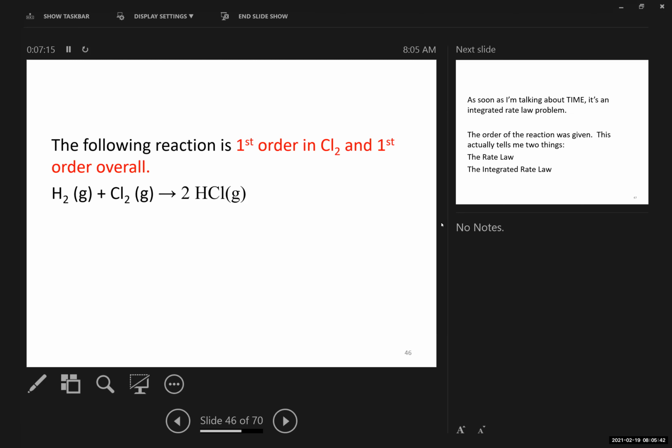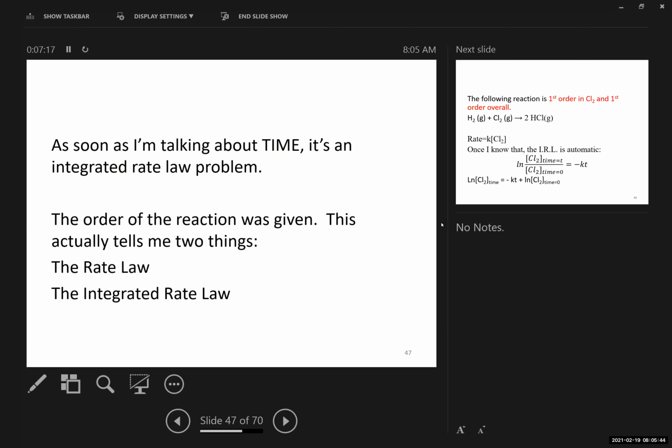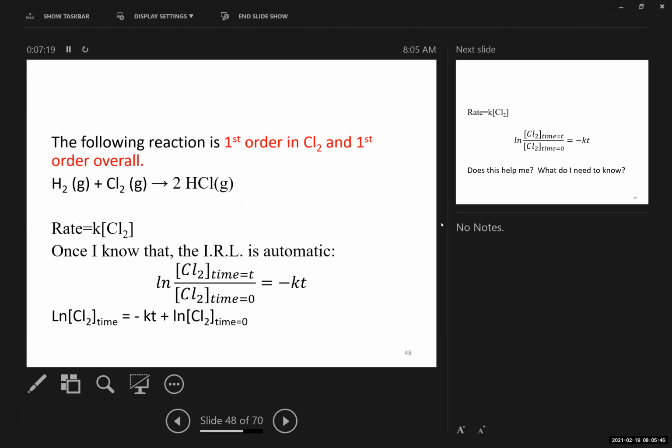And so I know both the rate law and the integrated rate law. It's first order in chlorine and first order overall, which means the hydrogen doesn't matter. That makes the rate law simply some rate constant times the chlorine to the first power. And again, as soon as I have the rate law, the integrated rate law is automatic.